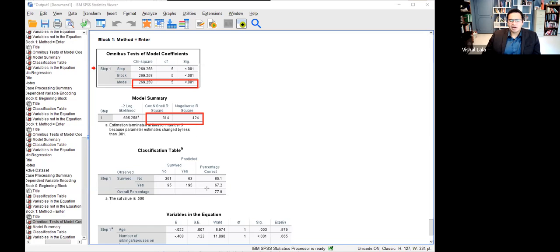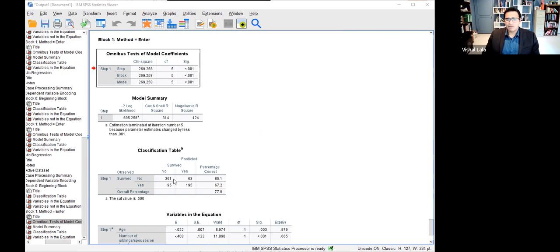And lastly, our classification table shows us a 77.9% accuracy, which is better than what we had in block 0 of about 59%. So in all three metrics, our model is performing better than a random guess.